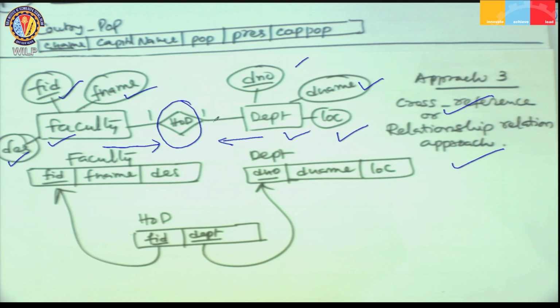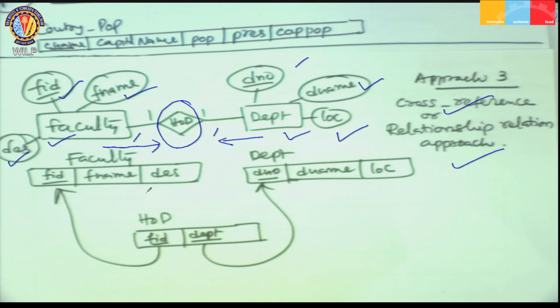That's why, if you look at the lines joining these rectangles with the diamond, they are single lines, meaning that the participation of these entity types in this relationship is going to be partial. That means some departments do not have a HOD, and some faculty members are not HODs for any department.